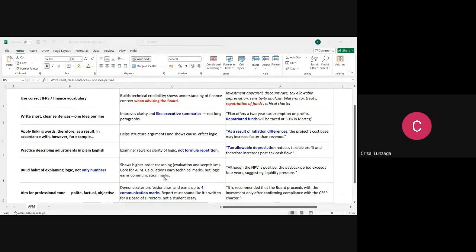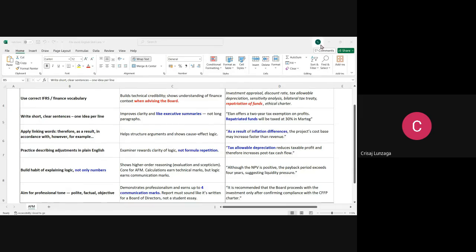The purpose is that calculations earn technical marks, but logic earns communication marks. It simply means that it is not adequate to provide numbers only. You have to explain those figures logically. So that is the main purpose of this skill.